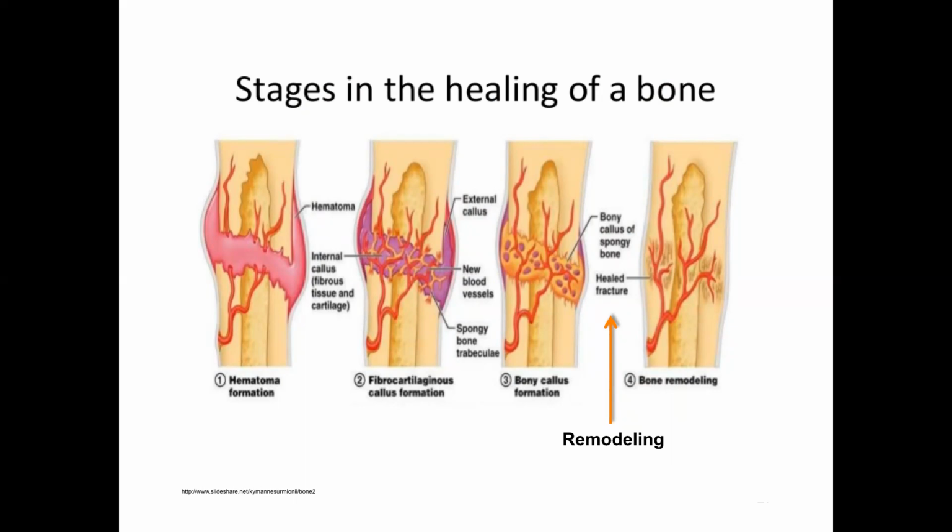The fibroblasts here are going to lay down a matrix of proteins. Within the blood clot, which is called the hematoma, the blood clot is a hematoma, we've got fibroblasts making scaffolding of different types of proteins and connective tissues. Also within there, we'll have macrophages that are cleaning up all the dead bone that has broken.